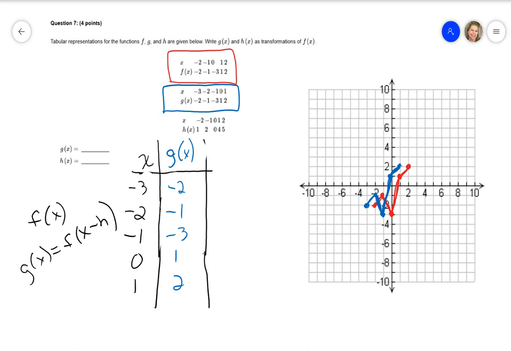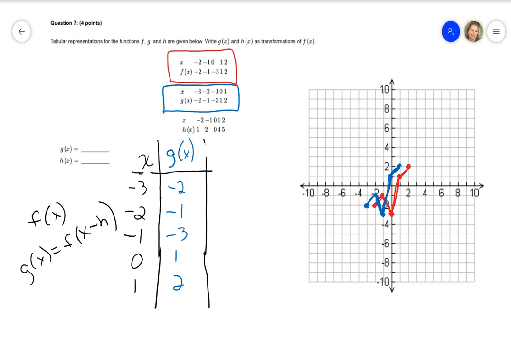This is for a horizontal move. And if h is positive, it moves to the left. If h is negative, it moves to the right. Hang on a second. I think I said that backwards. If h is negative, it moves to the left. If h is positive, it moves to the right, which makes sense.